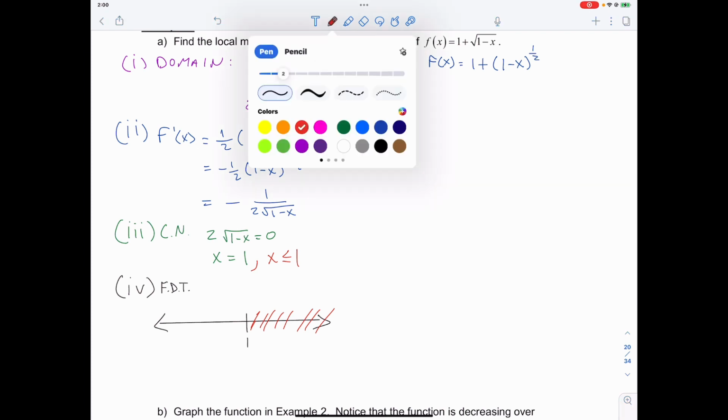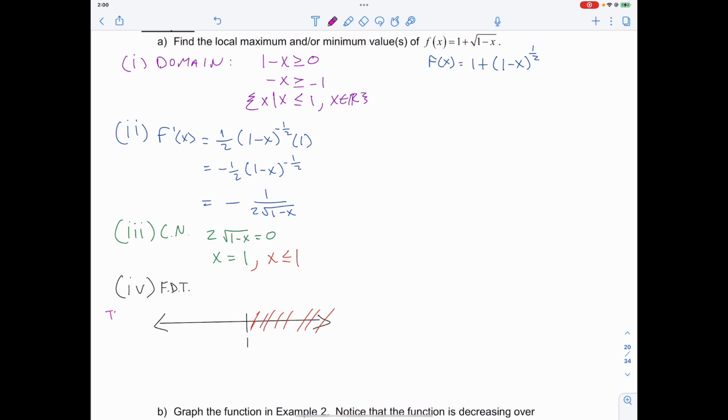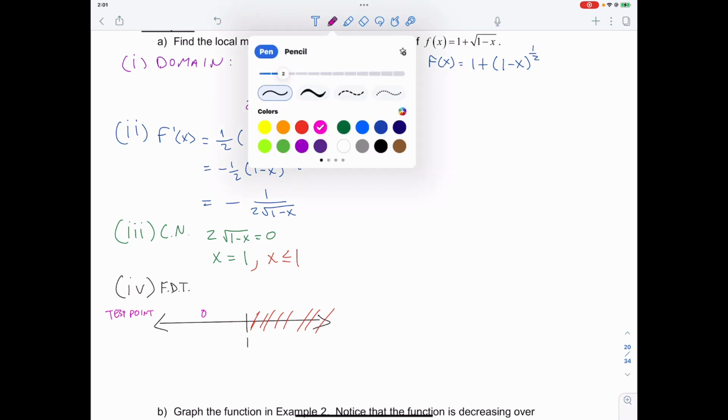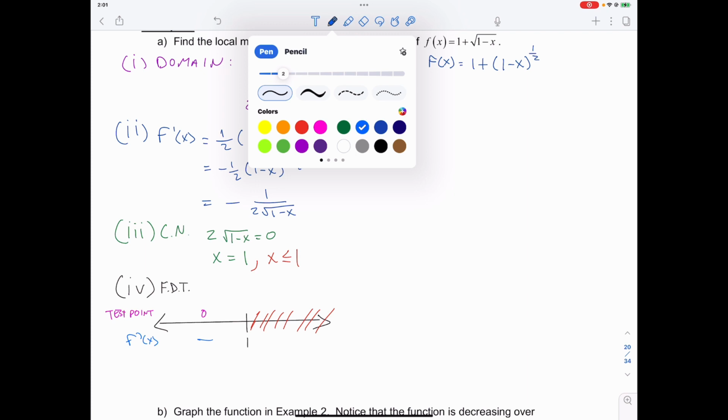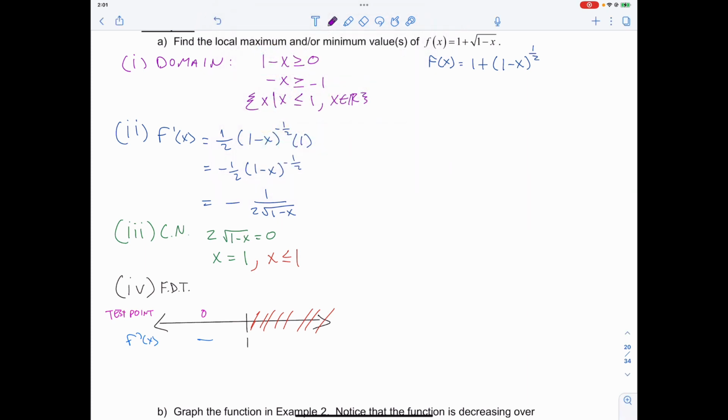I'm going to put in my test point. If it is less than 1, I'm probably just going to use 0. And then when I put that into my derivative and check my test point, then I get f prime of x is negative, which means that f of x is only decreasing.